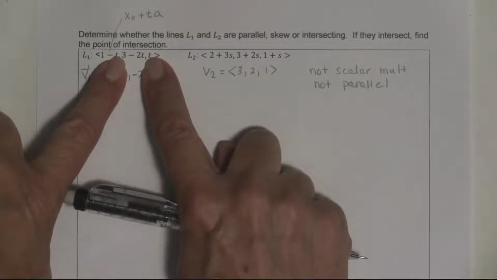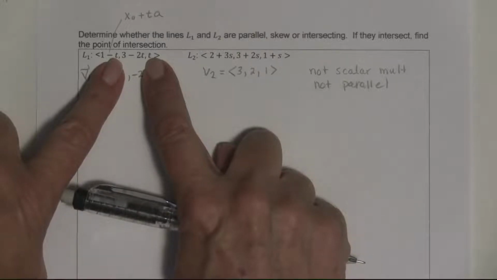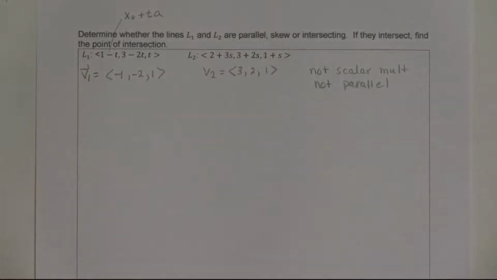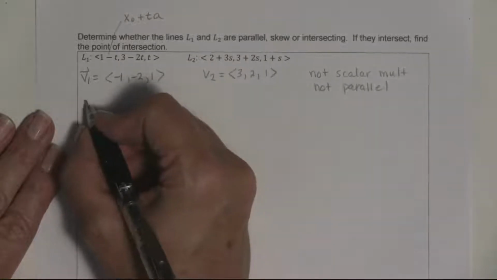It's X and Z that's good, because it will cancel out the t's naturally. You don't have to do that, but it's kind of nice. Nothing will cancel out on the s's. So I'm going to use these to see if they cross.